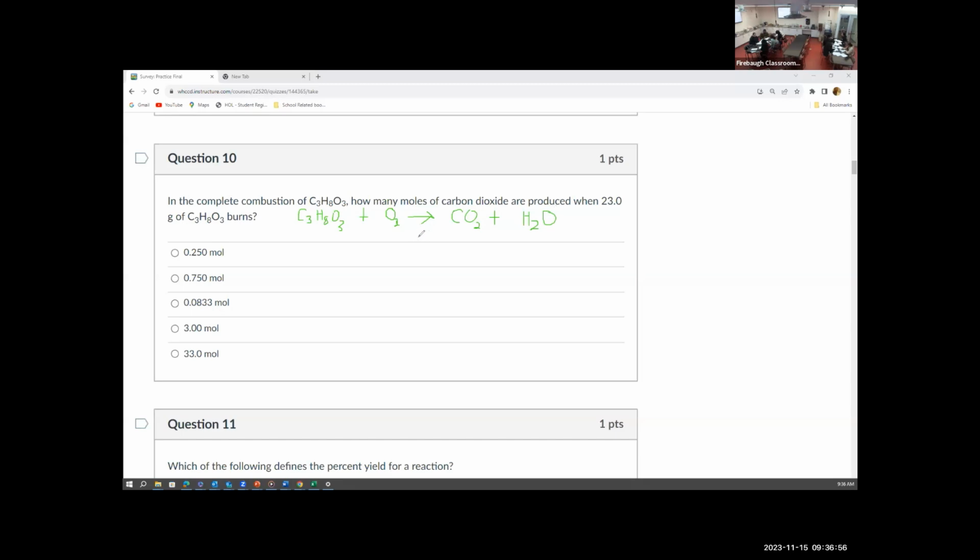Okay, is it balanced? So on my reactant side, how many carbons do I have? 3 carbons, 8 hydrogens and 5 oxygens. Sorry, I had a brain fart there for a minute. On the product side, how many carbons? Hydrogen, 2, oxygen, 3.